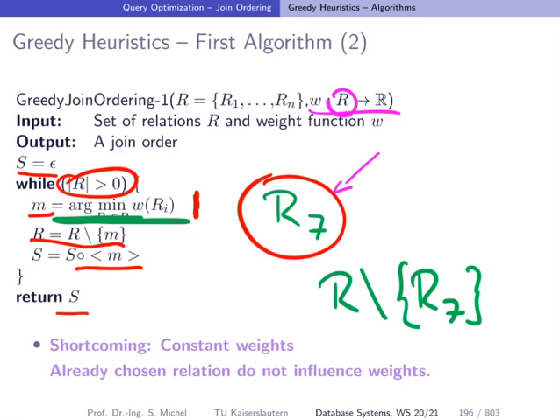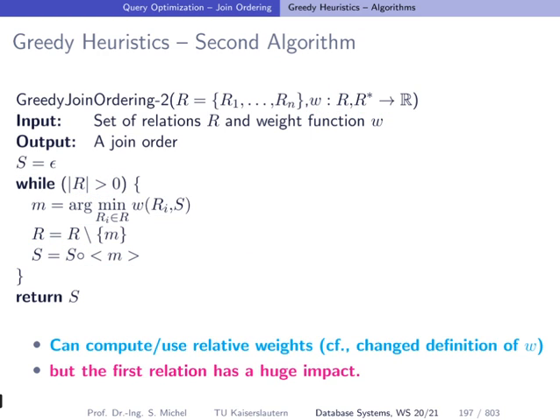Now, we have to come up with a better algorithm that allows the consideration of the already picked sequences for the next greedy choice. And this is exactly what greedy 2 is doing. So the second algorithm takes again the input as a set of relations, and then the weight function takes as a parameter the relation we want to investigate if we should pick it next, and a set of relations which corresponds to the already selected relations that the algorithm has produced.